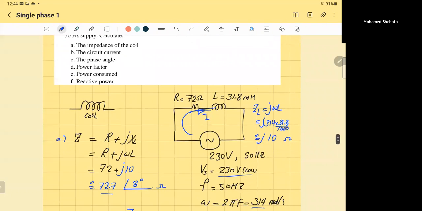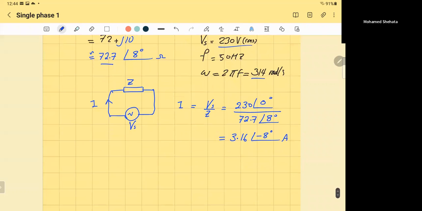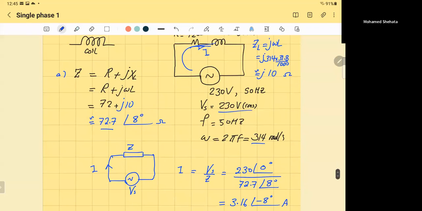The phase angle. So this question actually is not complete. Phase angle of what? The current, the impedance. So maybe we want to find the phase angle of everything, and that's good. The phase angle of the voltage is 0.